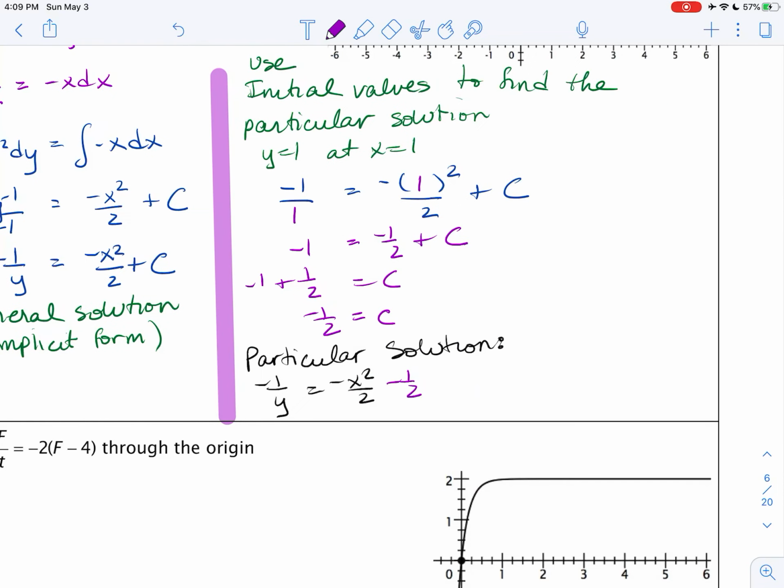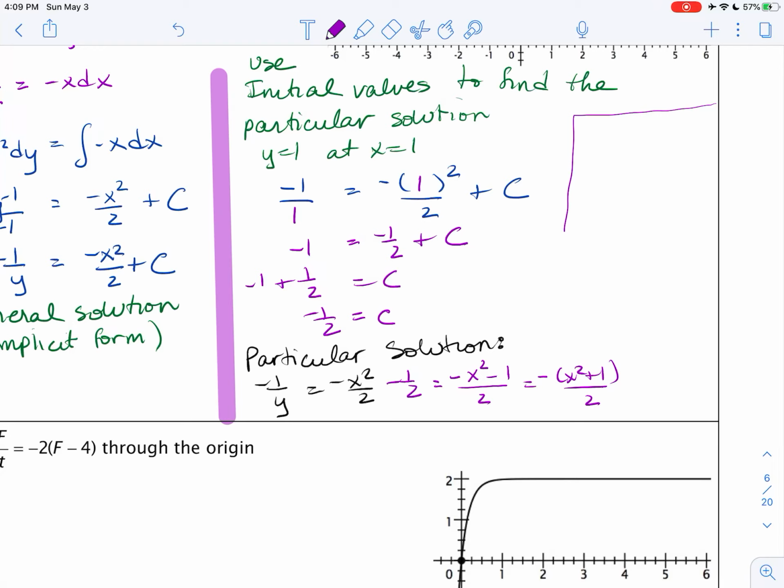After I've found my plus c, it might be easier to find the explicit form by solving for y. So this minus x squared over 2 minus 1/2 does equal minus x squared minus 1 over 2, and that also equals minus x squared plus 1 over 2.